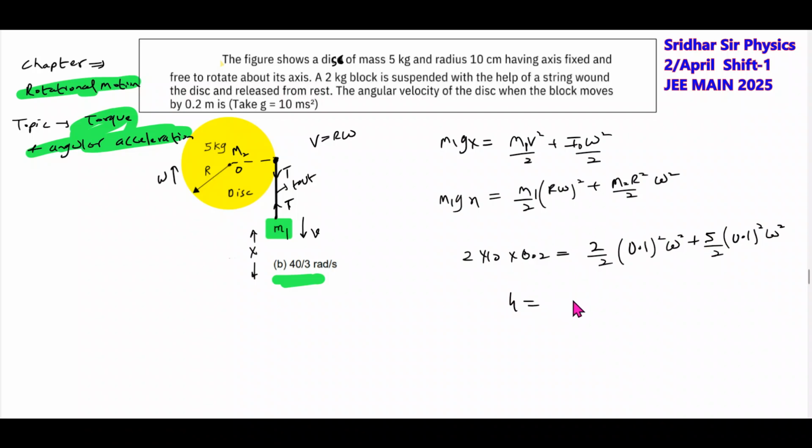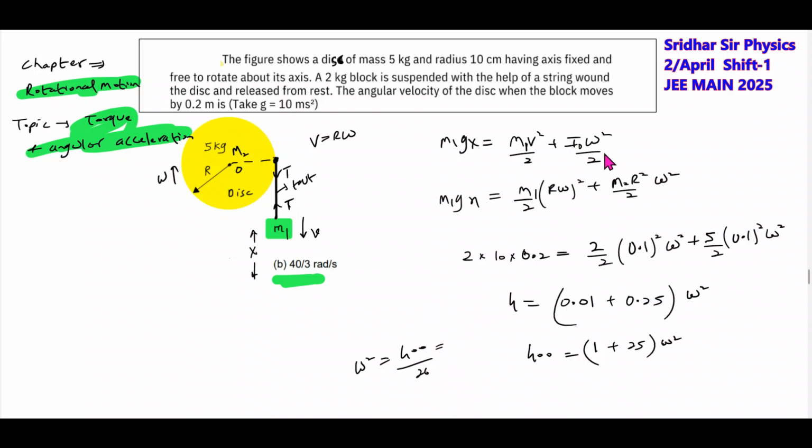This will be 4, 0.01 plus 2.5, 0.25. 400 equals 1 plus 25. I missed one more 2 here.